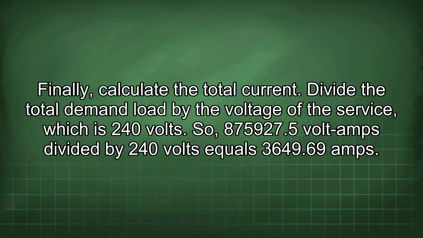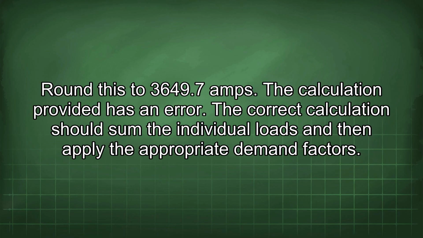Divide the total demand load by the voltage of the service, which is 240 volts. So, 875,927.5 volt amps divided by 240 volts equals 3,649.69 amps. Round this to 3,649.7 amps. The calculation provided has an error.